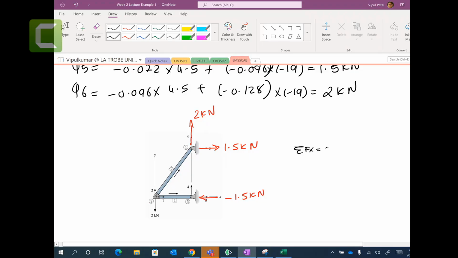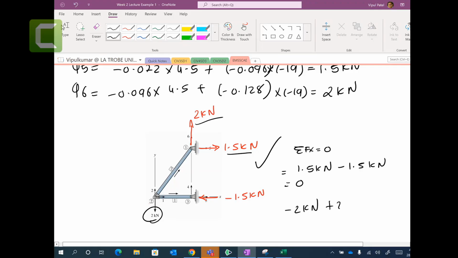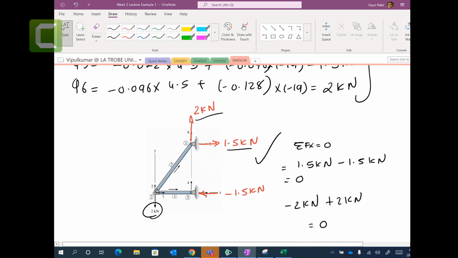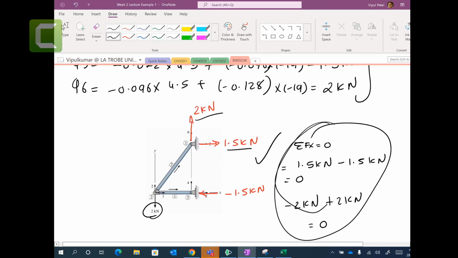The force in the x direction equals 0: 1.5 positive minus 1.5 equals 0. So equilibrium is verified. Vertically, 2 going down, 2 going up, again 0, because your truss is sitting in one place. It's not in space. It's not a skateboard. All the forces going in x and all the forces going in y should be matched. These answers that you got should verify that it looks correct, right?